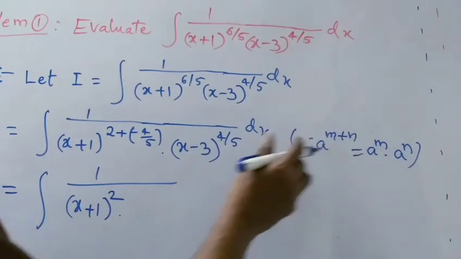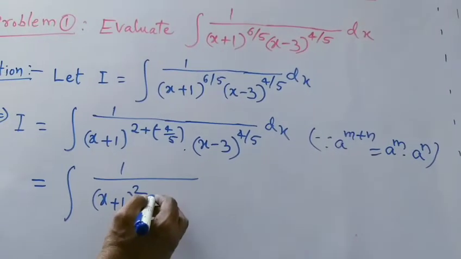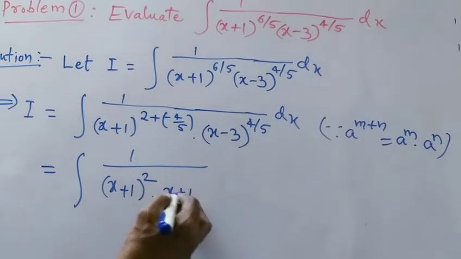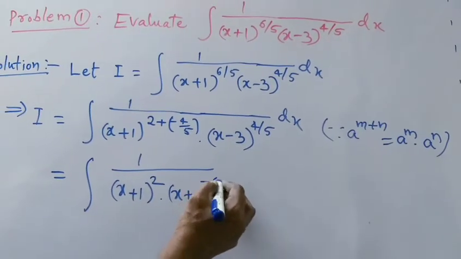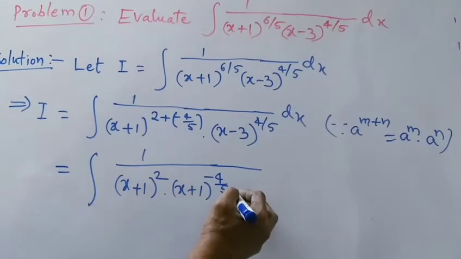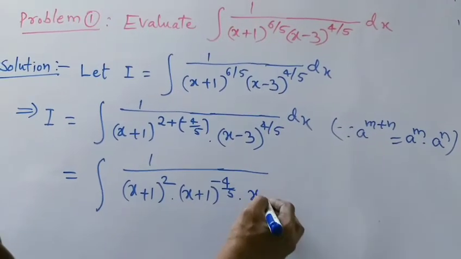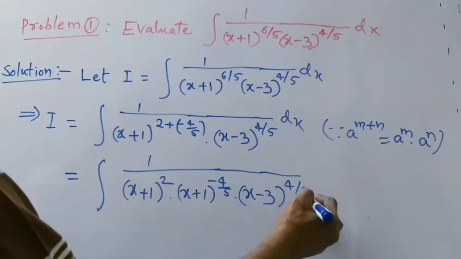In the form of this, we write x plus 1 whole to the power of minus 4 by 5 into x minus 3 whole to the power of 4 by 5 dx.